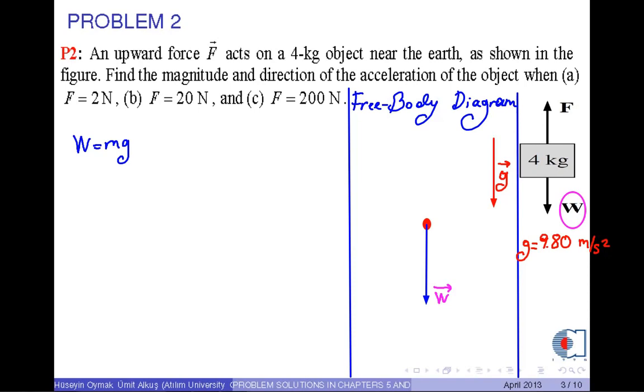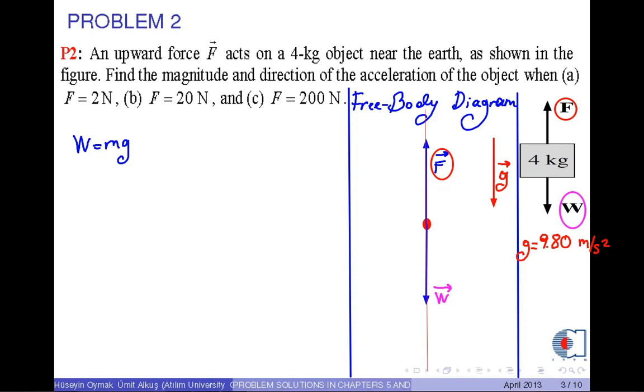The other external force acting on the object is this upward force, denoted by F. Since there are no other forces acting on the object, we write the net force on the object. As seen from this figure, the motion will be in this straight line.